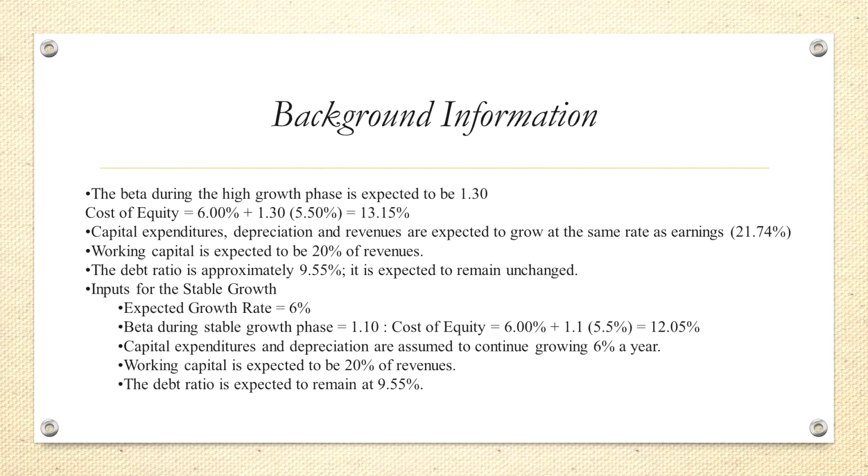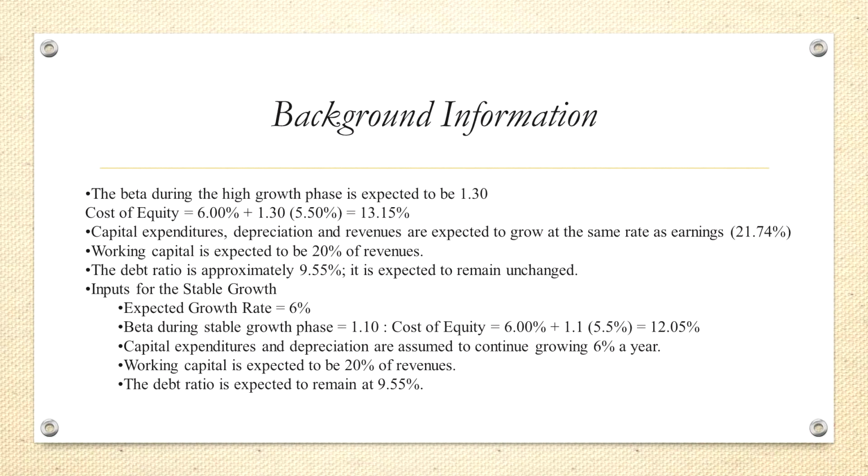Right? That's the growth rate. Now let's take a look at cost of equity. Cost of equity would be different for those 2 stages. During the high growth time period, the beta is supposed to be higher, 1.3.